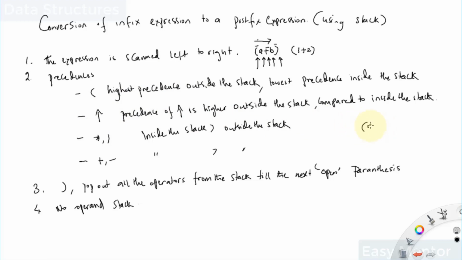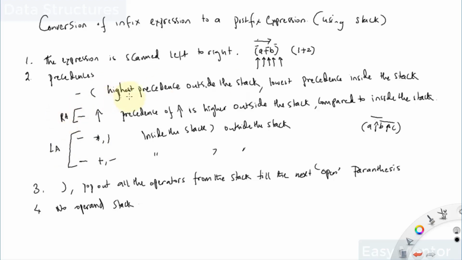For instance, if you have an expression like a exponentiation b exponentiation c, b exponentiation c is evaluated before a exponentiation b. Similarly, you have associativity property attached to the operators multiplication, division, addition, and subtraction. These operators are left associative, and exponentiation is right associative.